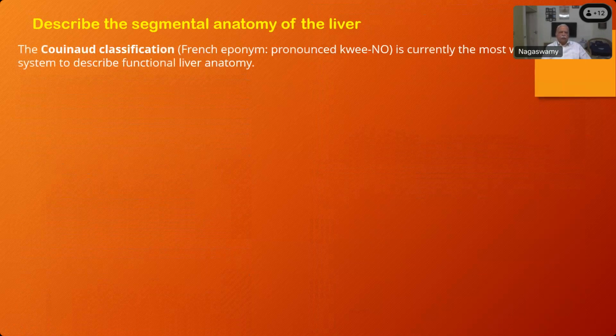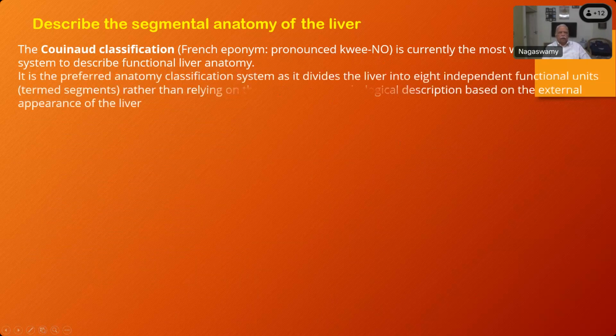This is called the Couinaud. It has to be pronounced as Quino, which is currently mostly used for the functional liver anatomy. And it is a preferred classification as it divides the liver into 8 independent functional units.